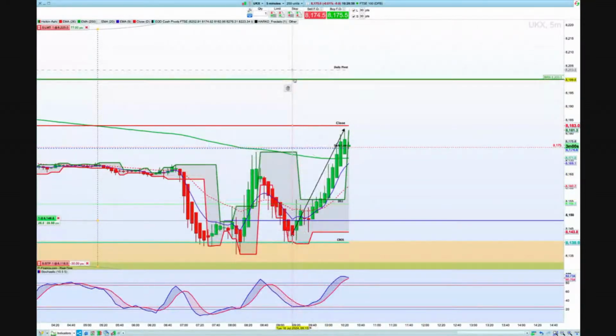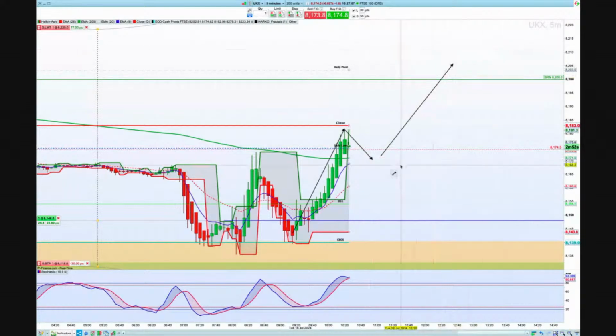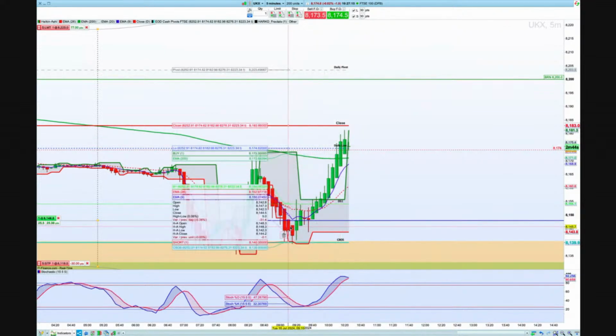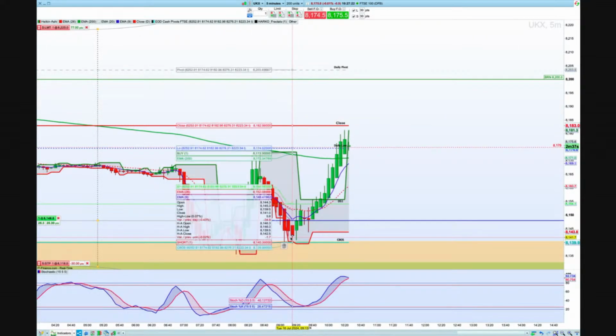So wave 1 and wave 2, and so on and so forth. We do expect this market to go a lot higher, but the idea of a day trader is to technically get in, have a strategy that actually works, be absolutely disciplined and consistent in how you do it, be patient for the setup, and then nail it.